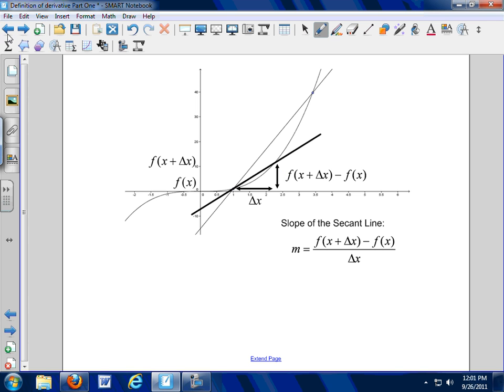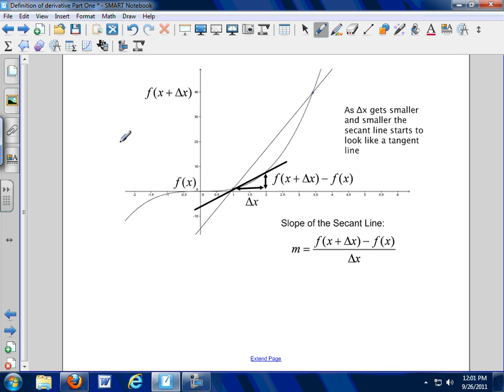Ultimately we get to a place where the secant line starts to look like a tangent line. As I'm here, these distances are pretty small. Remember that green line I drew in there originally, about there-ish? My slope is getting closer and closer to that line. Does that make sense? Okay?